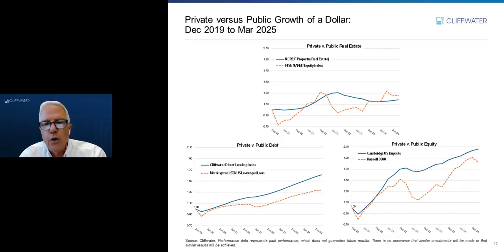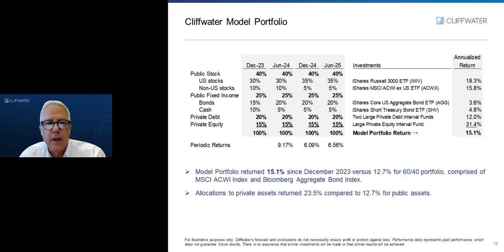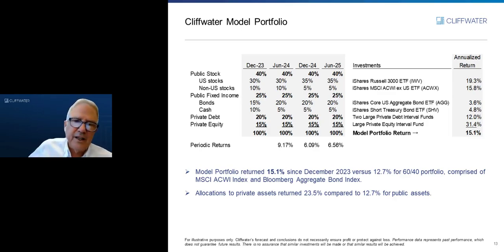So we're starting to become much more interested in private real estate. So don't be surprised if we add an allocation sometime in the next 2 quarters to get exposure there. But right now we're happy with the 20 and 15.